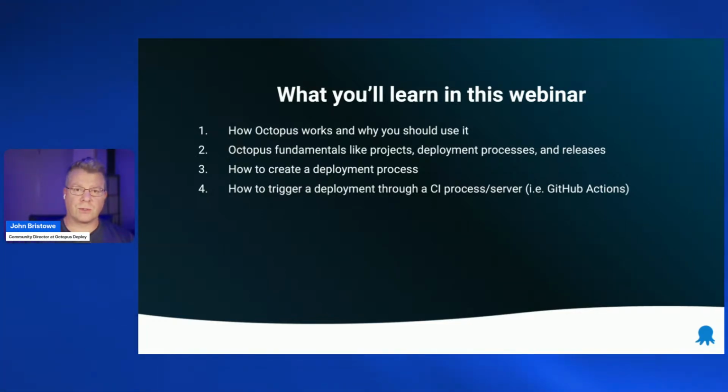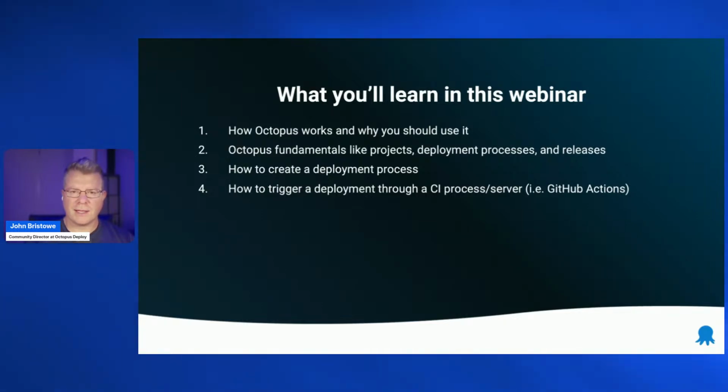And there are many solutions out there, things like GitHub Actions, TeamCity, Azure DevOps, Jenkins, BuildKite. The list goes on and on. We've seen them all because most life around CI/CD starts with a CI process, and so that's why we're going to be discussing how you can trigger deployment from that place.